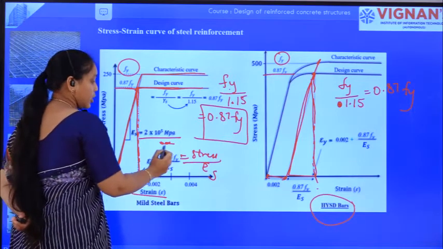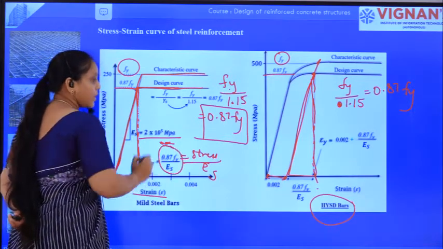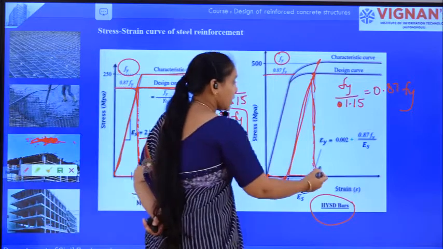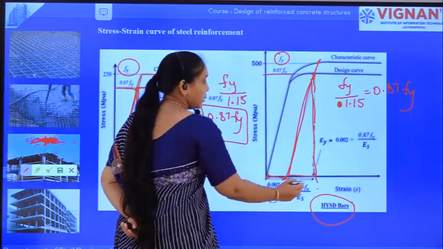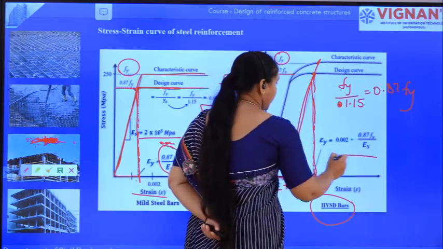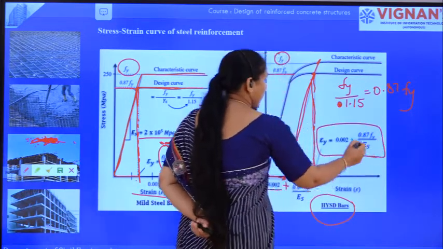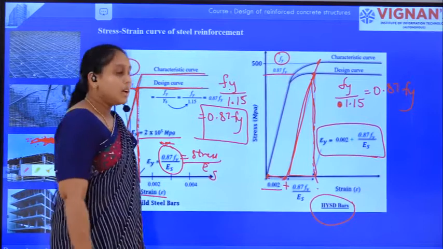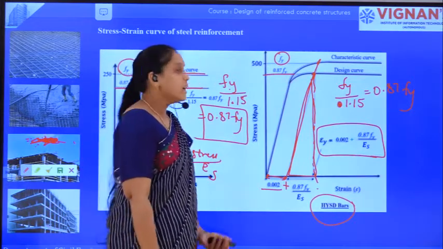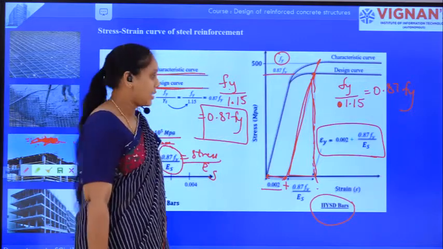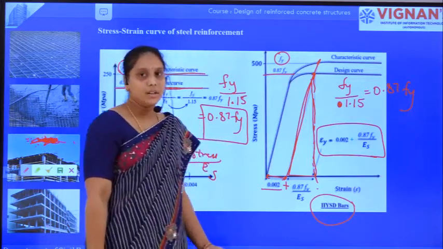The strain here is 0.87 Fy by Es. So the strain will be 0.002 plus 0.87 Fy by Es. This is going to be our ultimate strain in HYSD bars, that is in the tensile reinforcement.